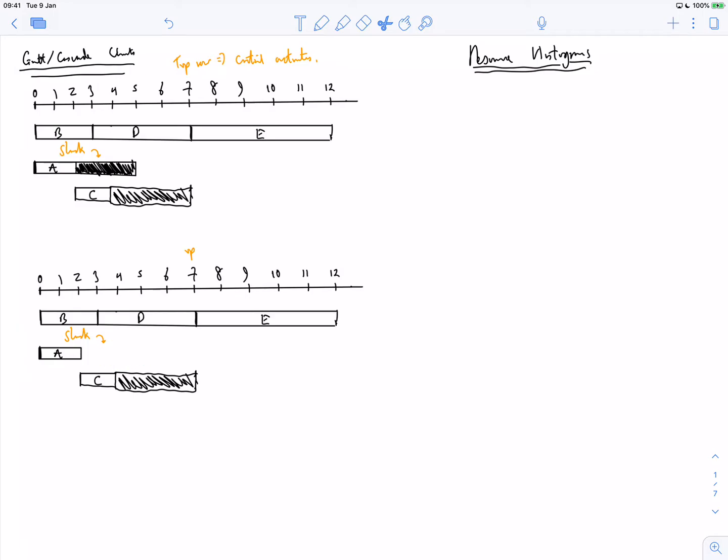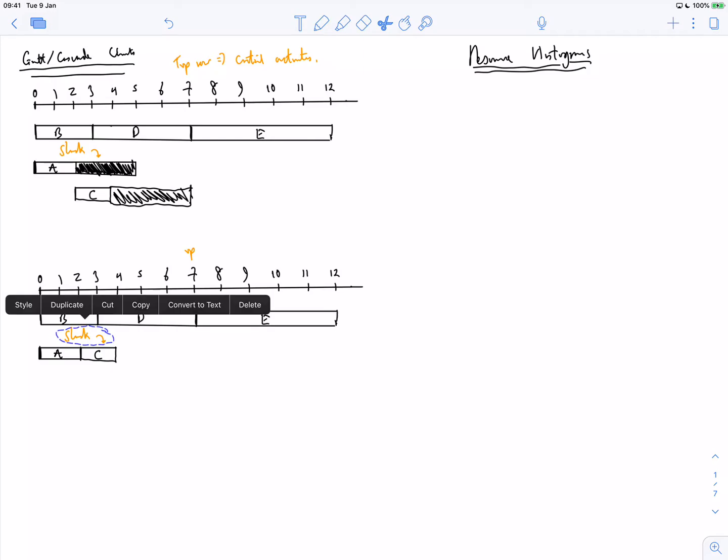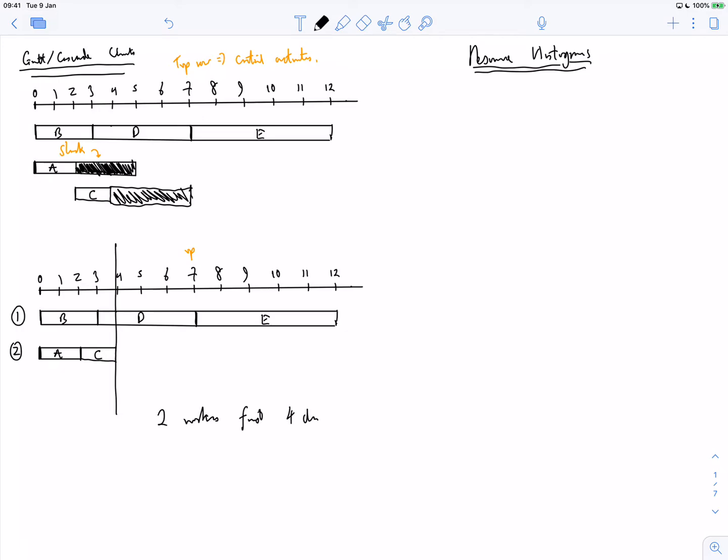Now because C starts as A finishes, I can slide that up there like so, and everything will be fine. So now it's pretty obvious that if somebody asked you how many workers you would need, you can say you're going to need 2 workers for the first 4 days, and then just 1 worker.